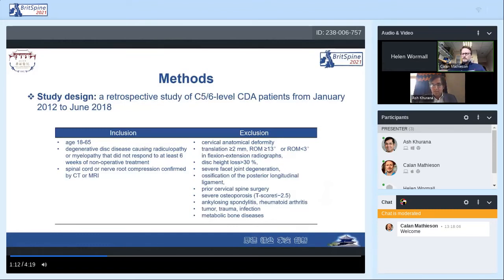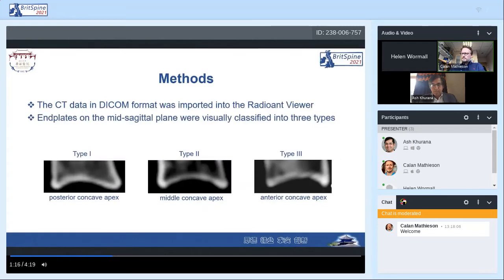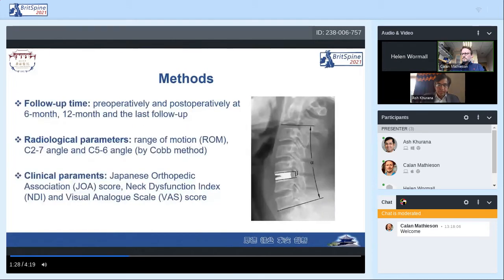These are inclusion and exclusion criteria. Based on CT data, inferior endplates were visually classified into 3 types according to the position of concave. We measured the range of motion and the cervical alignment preoperatively and postoperatively at 6 months, 12 months, and the last follow-up.